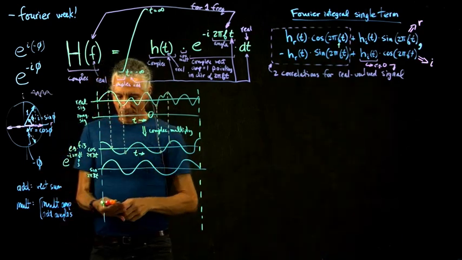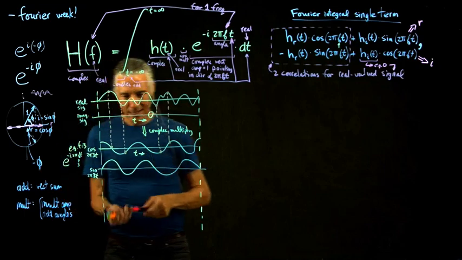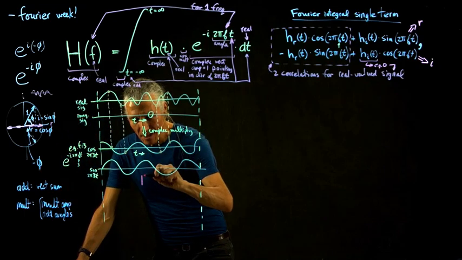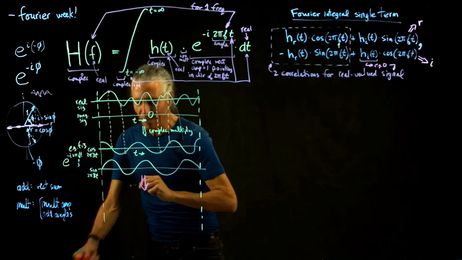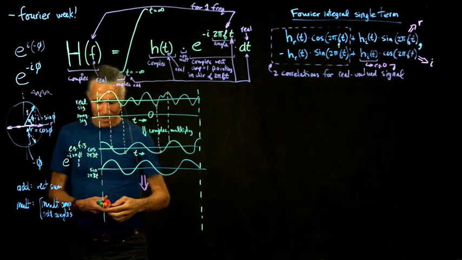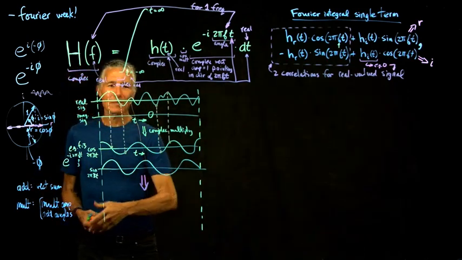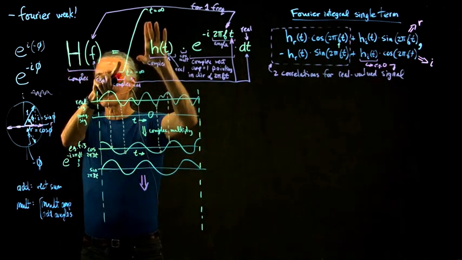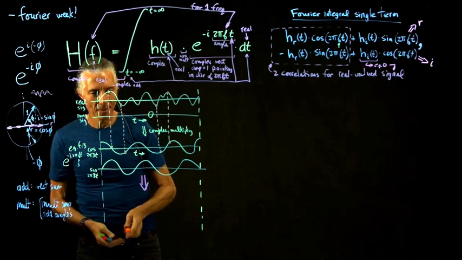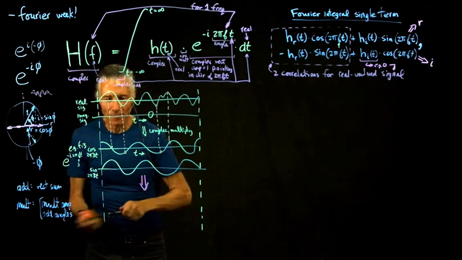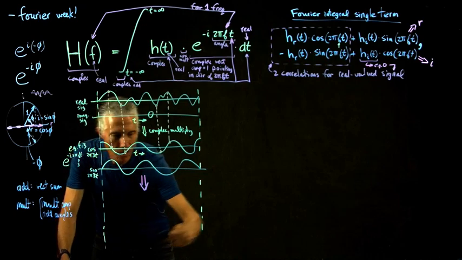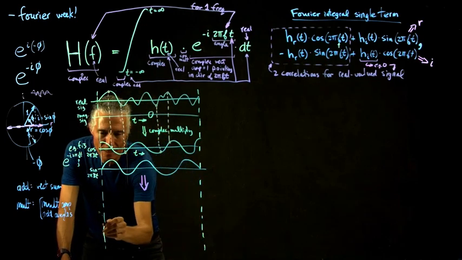And now we've suddenly transitioned into Fourier land. We're summing across all time to get one frequency. So this all gets summed into just a single point down here.